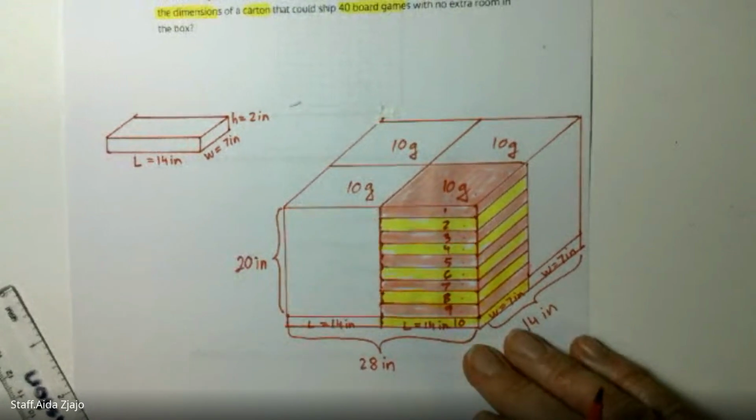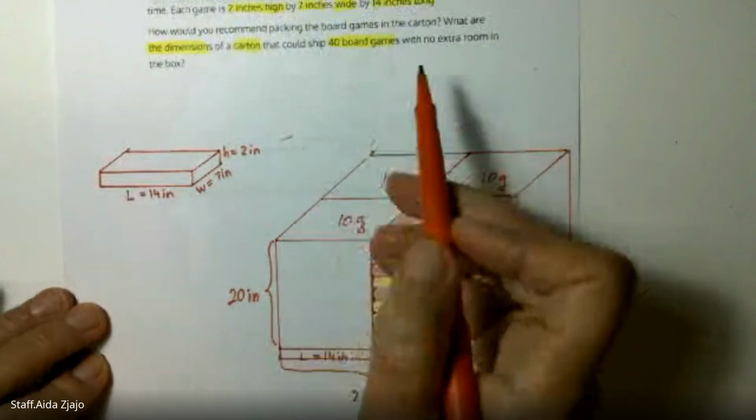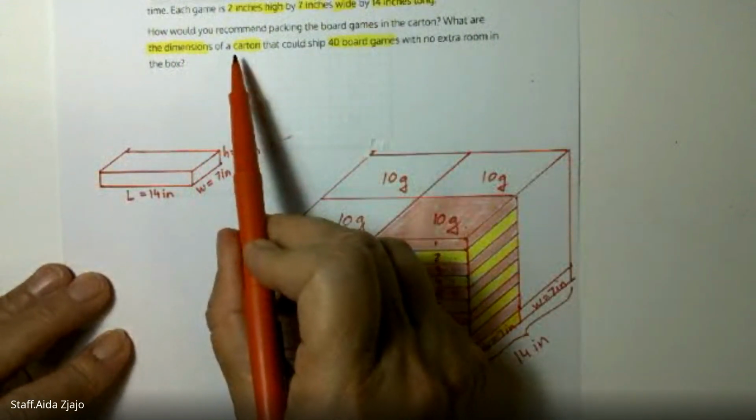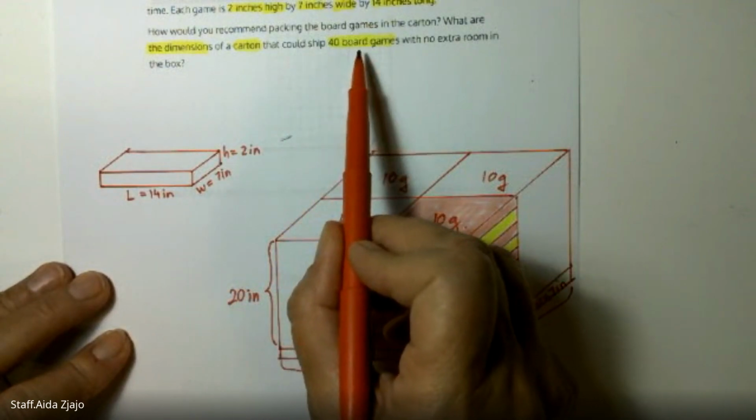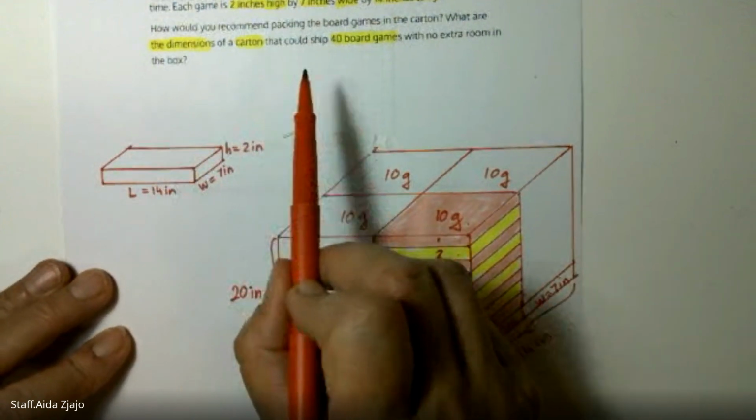So now we have the measurements. So we can write what are the dimensions of a carton that could ship 40 board games with no extra room in the box.